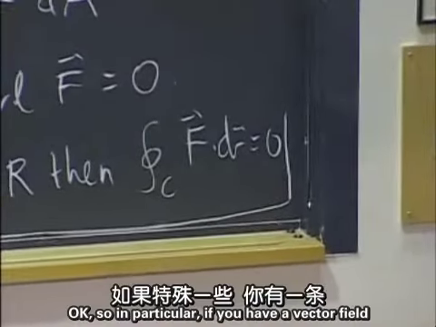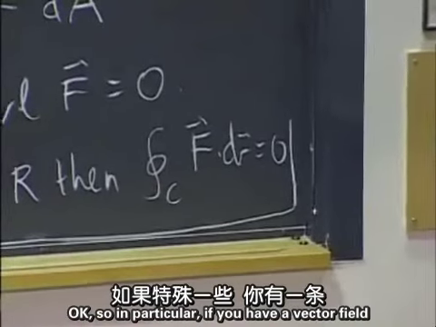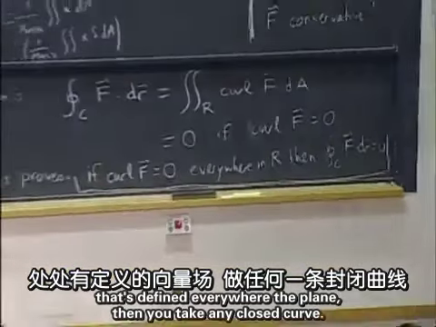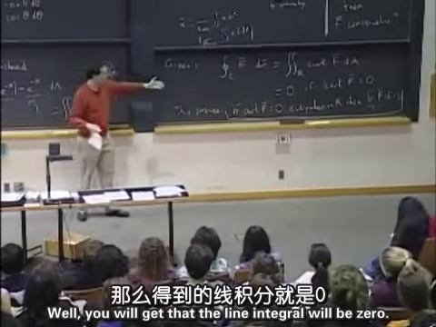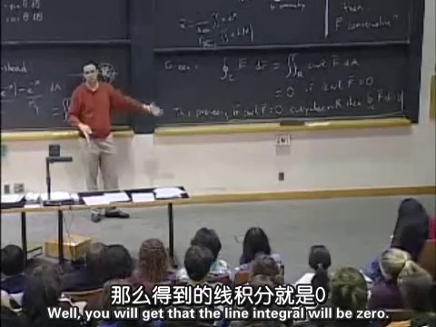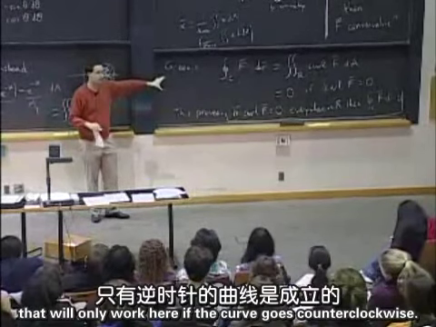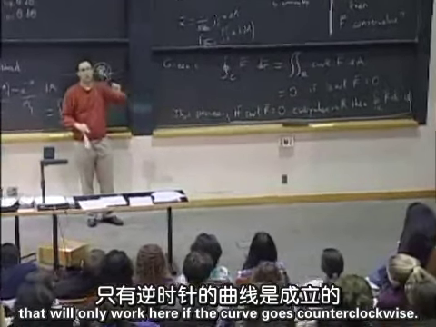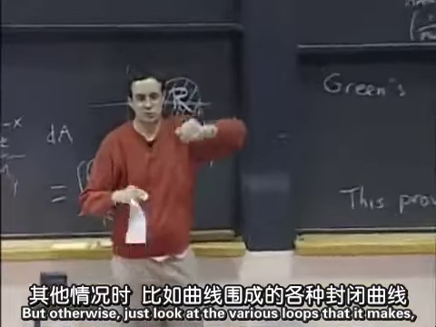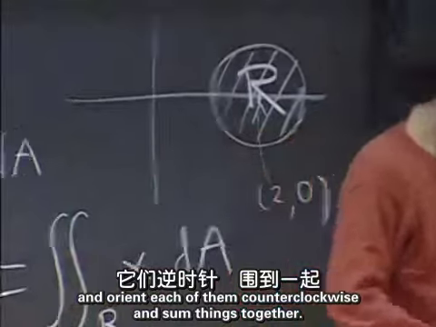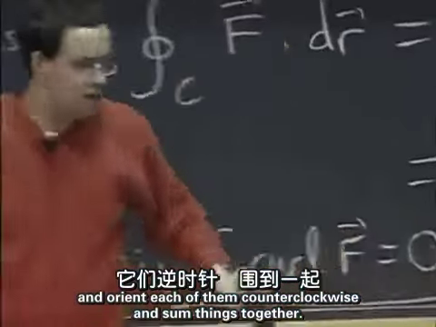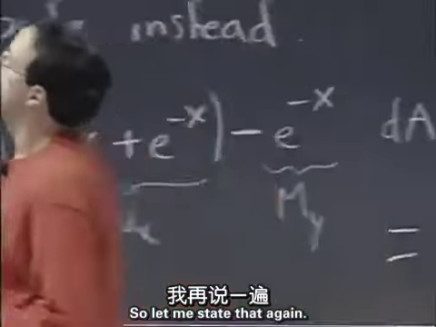So in particular, if you have a vector field that's defined everywhere in the plane, then you take any closed curve, well, you will get that the line integral will be 0. Strictly speaking, that will only work here if the curve goes counterclockwise. But otherwise, just look at the various loops that it makes and orient each of them counterclockwise and sum things together. So let me state that again.